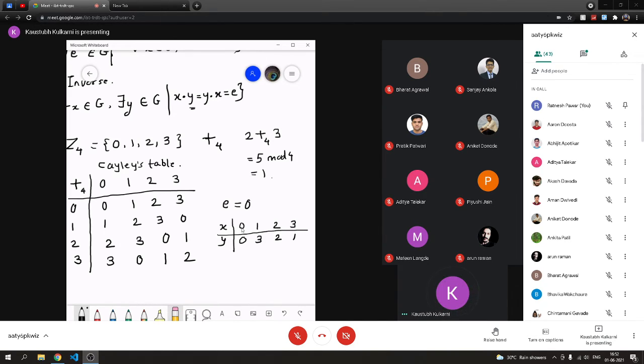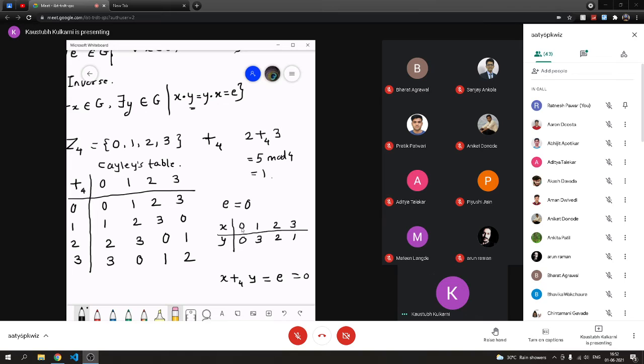So X plus 4 Y should be equal to E, and E in this case is 0. Okay, so 0 plus 0 mod 4 is 0. 1 plus 3 mod 4 is 0. 2 plus 2 mod 4 is 0. And 3 plus 1 mod 4 is 0.